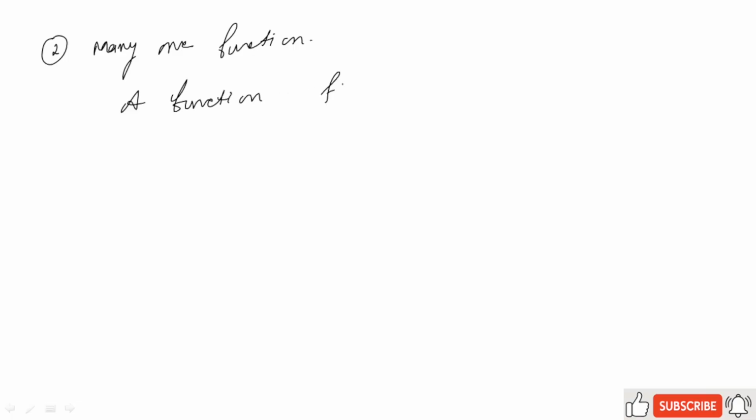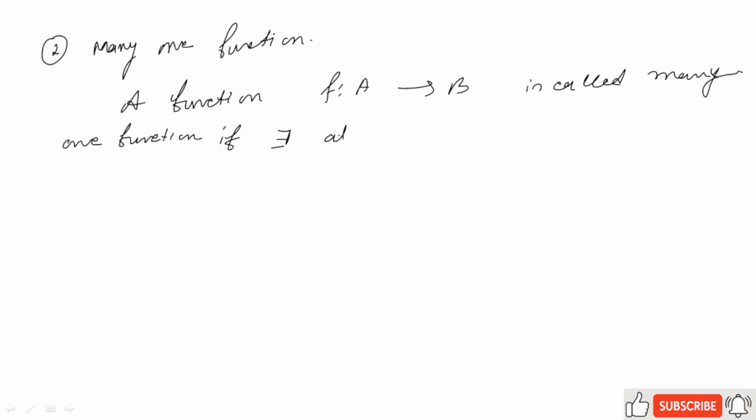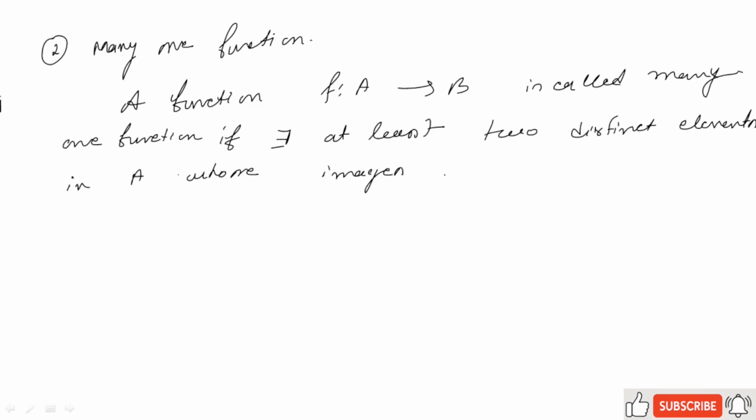A function is many-one if there exist at least two distinct elements in A whose f images are same.